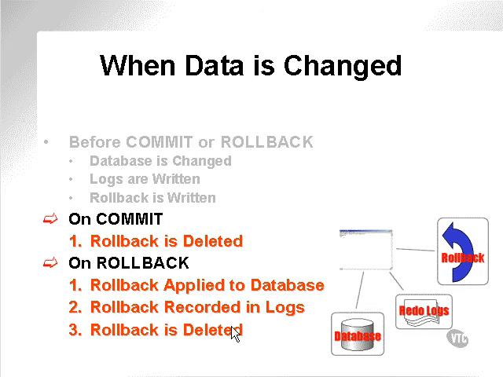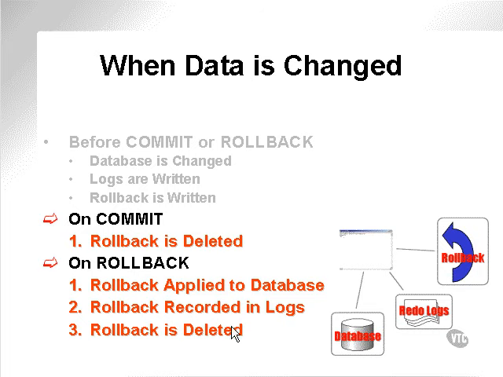Now we can see the same process graphically. In this case, I've executed some SQL commands and no commit or rollback has been applied. What has actually happened is the changes have been written to the database, the changes have been recorded in the redo logs, and rollback has been built to enable future potential undo of the database changes.